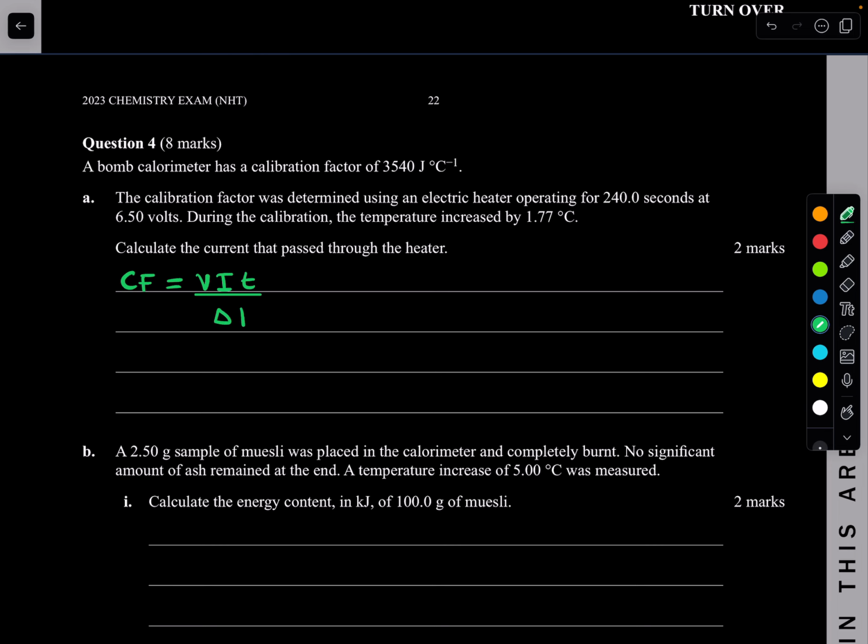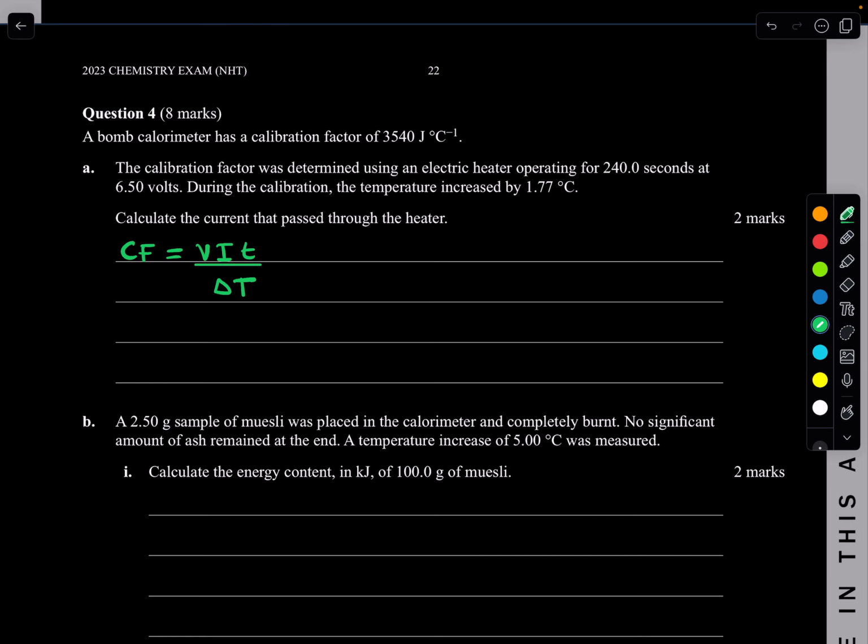We're given everything here. The calibration factor is 3,540. The voltage is 6.5. The current is what we're trying to calculate, times the time in seconds, 240, all divided by the change in temperature, 1.77.